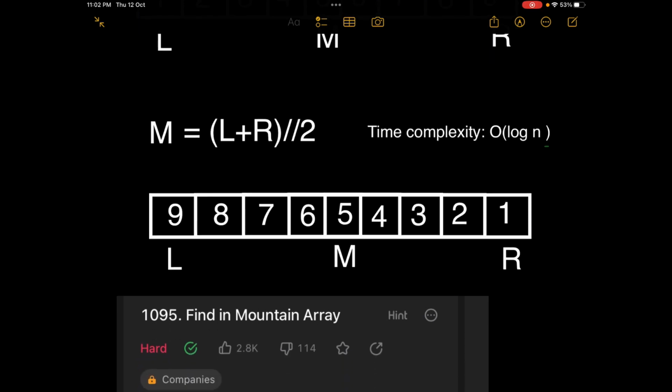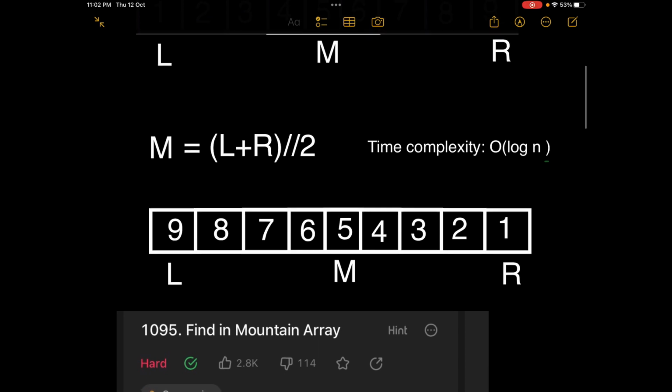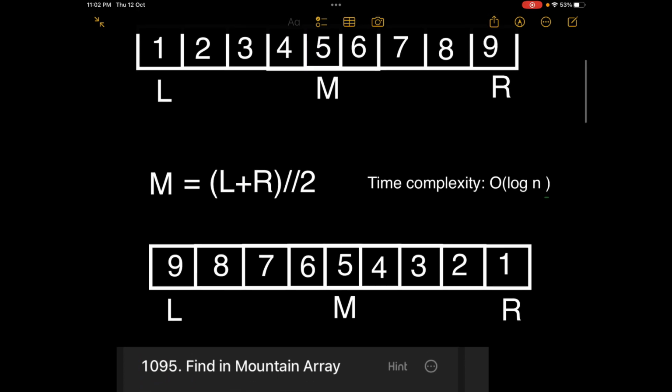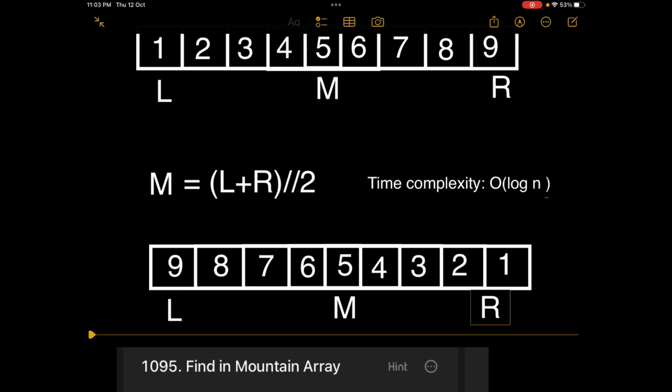After that, we check if our middle value is smaller than our targeted value. As we know, our targeted value was 7 and our middle value is 5, so yes, it's smaller than our targeted value. So what we have to do now is shift our right pointer to m minus 1.